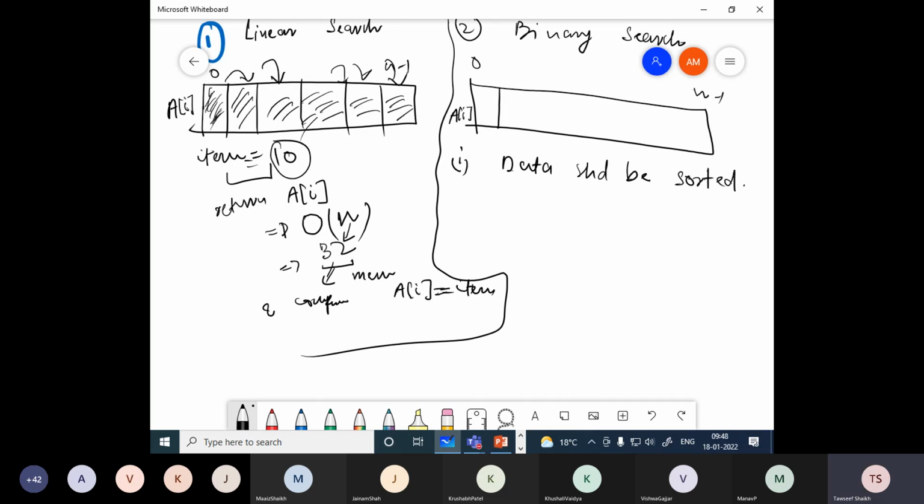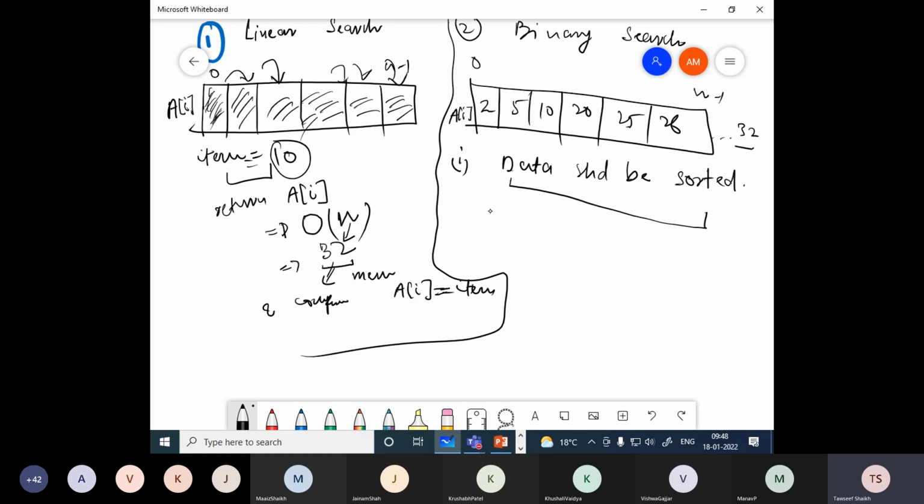Whenever you apply binary search, make sure this condition is initially satisfied. If the data is not sorted, binary search can't be applied. Now suppose we assume that the data is sorted: 5, 10, in ascending order 20, 25, 26, and so on, a total of 32 elements, as we have taken in this case.